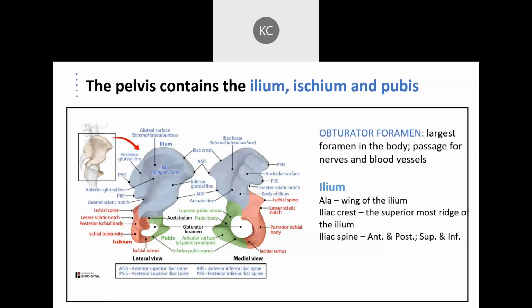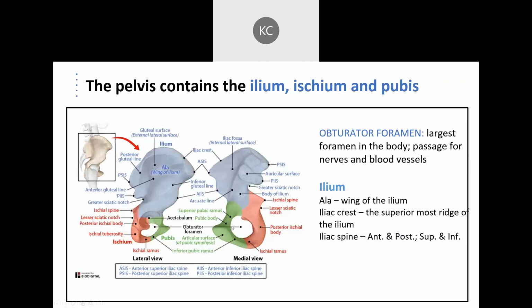Just like several of the other projections and tuberosities that we've alluded to in previous lectures, these are allowing for the attachment of various muscles and ligaments from one area of the body to the hip. So several of the muscles of our quads actually run up and attach to these anterior superior and anterior inferior iliac spines, right?